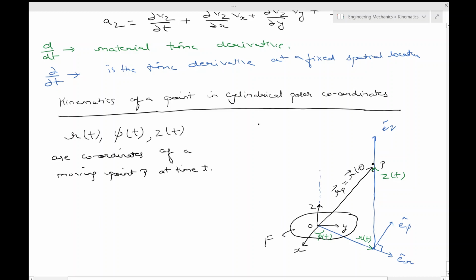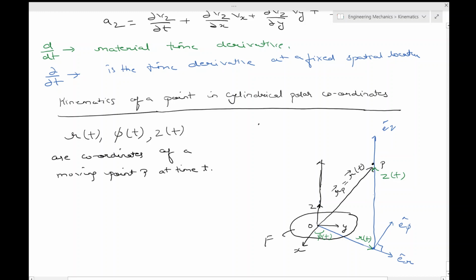So if you go up over here, this is z of t.